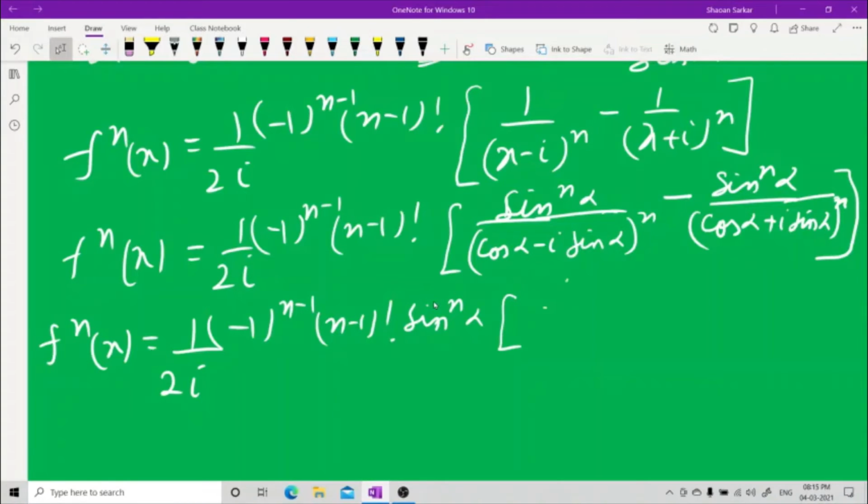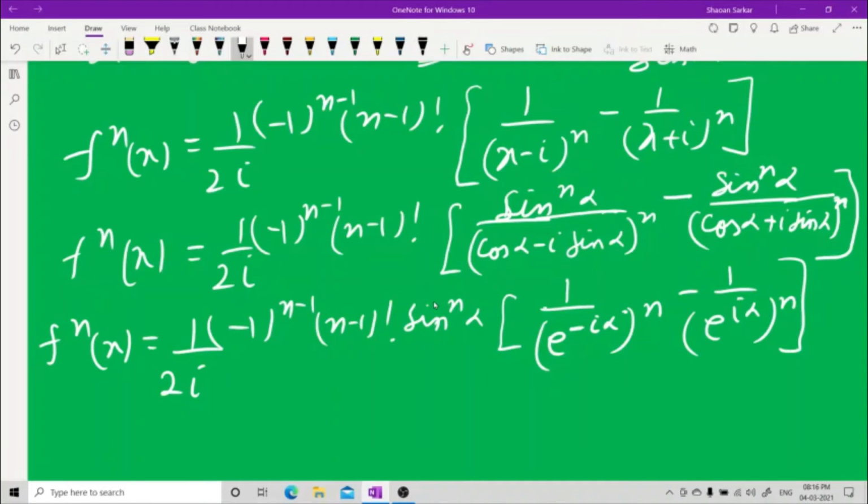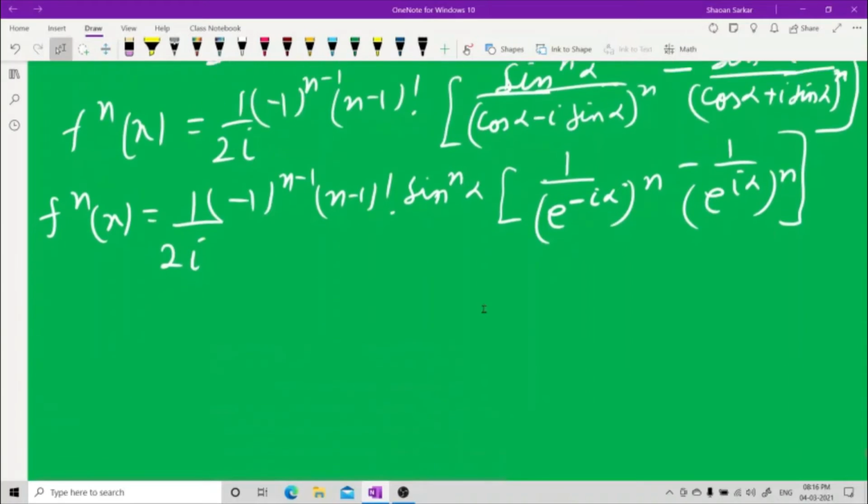Cos, this is nothing but, you can write this, e^(-i alpha) to the power of n upon e^(i alpha) to the power of n, by Euler's theorem. So now you have this.